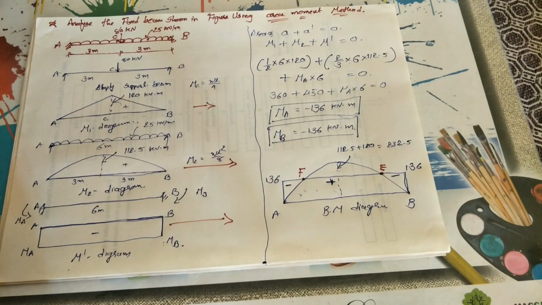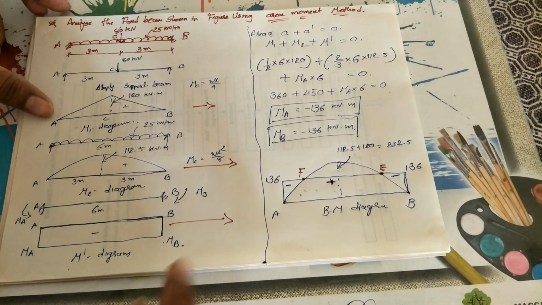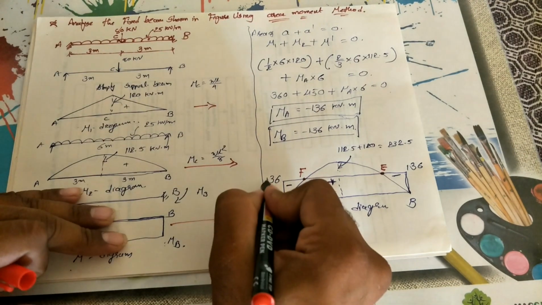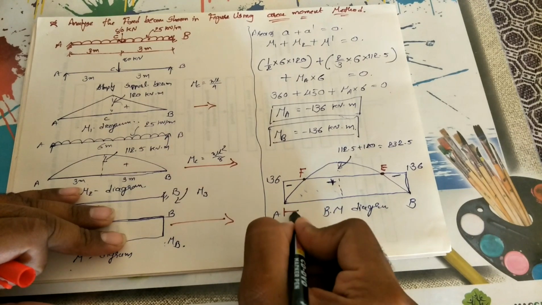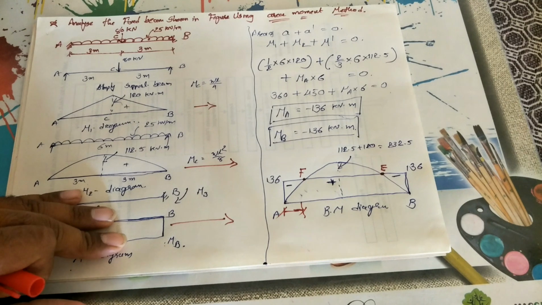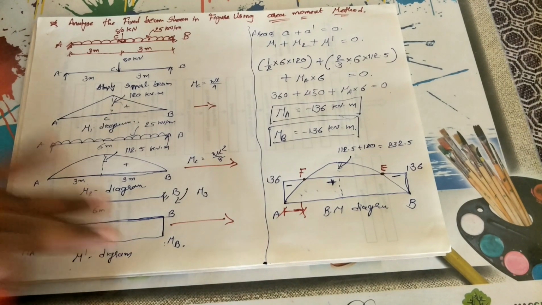At the point of contraflexure, the bending moment will change its sign. So we have to calculate that distance up to F.